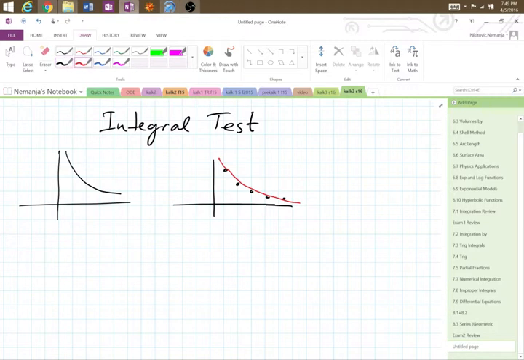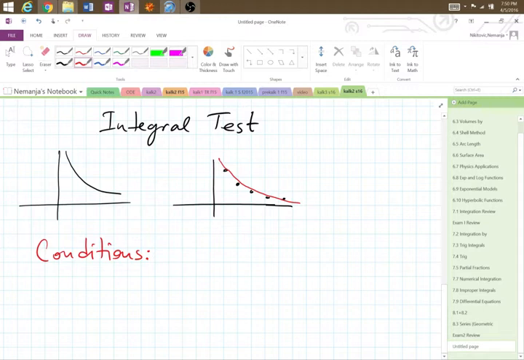So let's first talk about what the integral test is. We're starting with the theorem on the integral test. And first there are conditions. These conditions have to be checked before you can claim that you can use the integral test. So it's not just, hey, I can integrate this, let's use it.